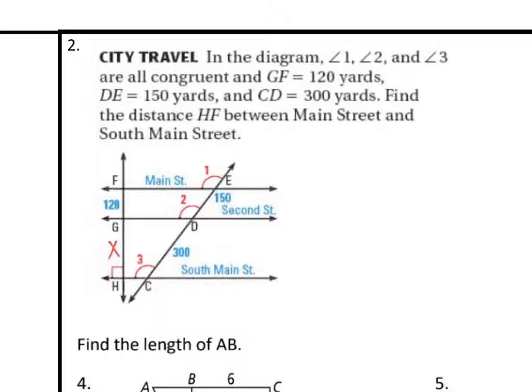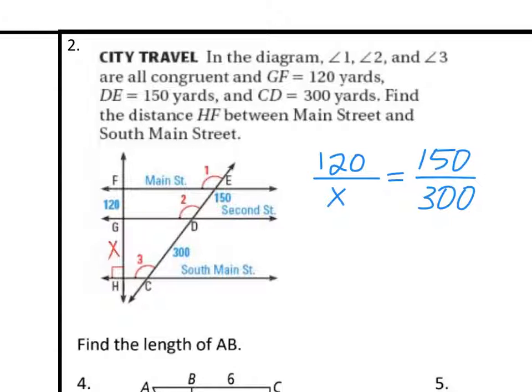Because these are all equally apart, they're parallel, so we can say 120 corresponds to what? Yep, we're going to call that x. And then the other one would be 150 over 300.